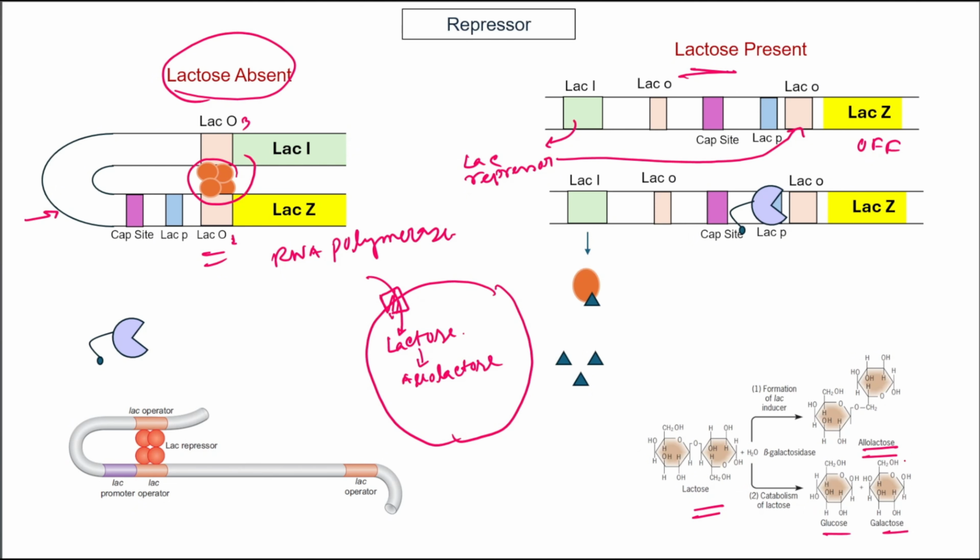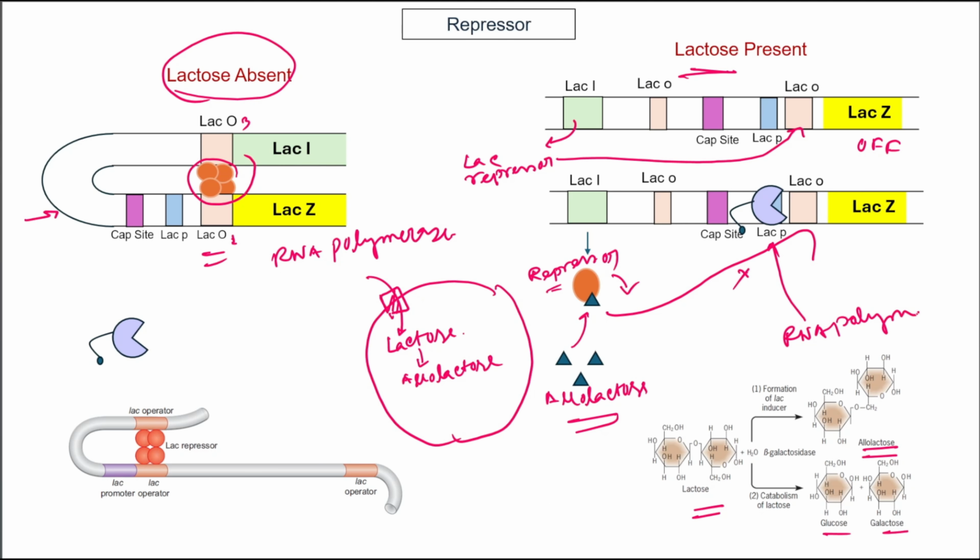This allolactose acts as an inducer and binds with the repressor protein. If allolactose binds with the repressor, the repressor cannot bind in the operator site. So the RNA polymerase can bind in the promoter site and then the operon is on.